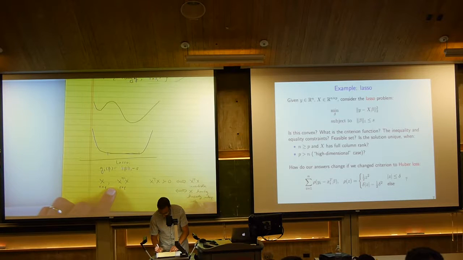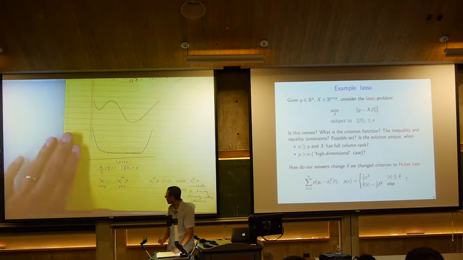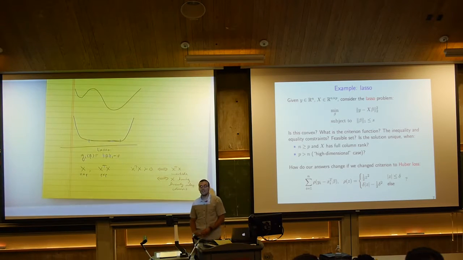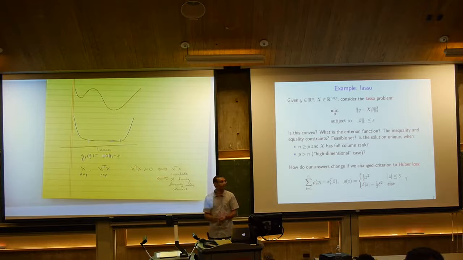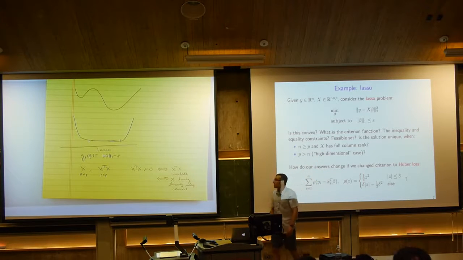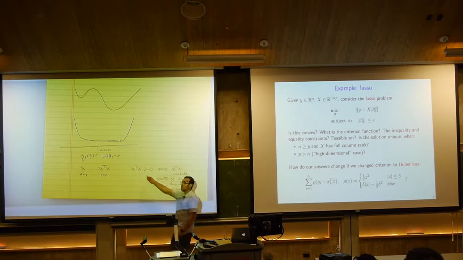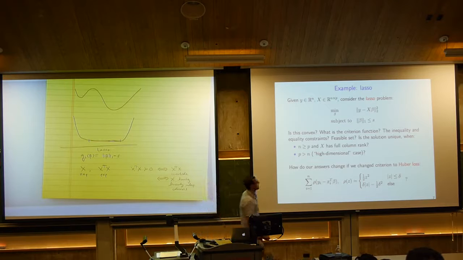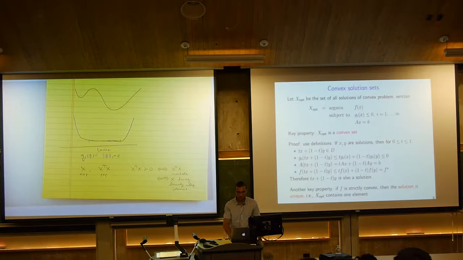These should all be things that you're comfortable with. If I tell you the columns of X are linearly independent, that's another way of saying it has full column rank. It's the same thing as X transpose X being strictly positive definite. If I check the second order condition for convexity, that means the criterion is strictly convex, which means that the solution is unique. That's what we learned earlier: if I have a strictly convex criterion for a convex problem, the solution is unique.